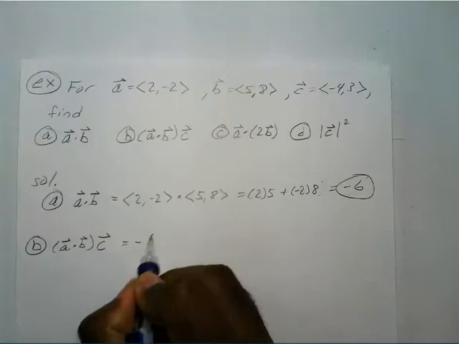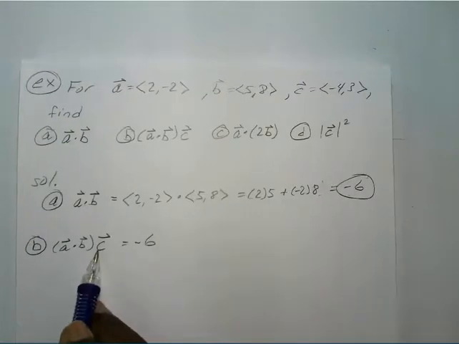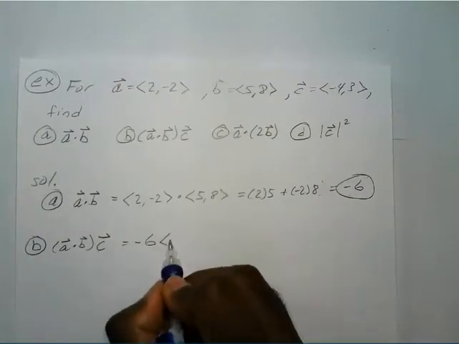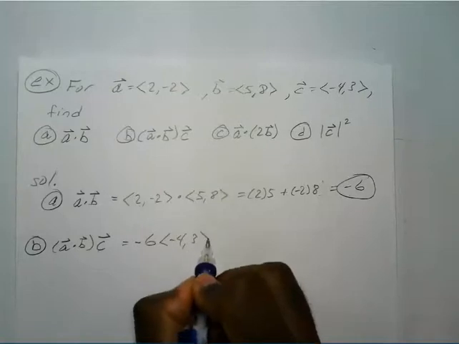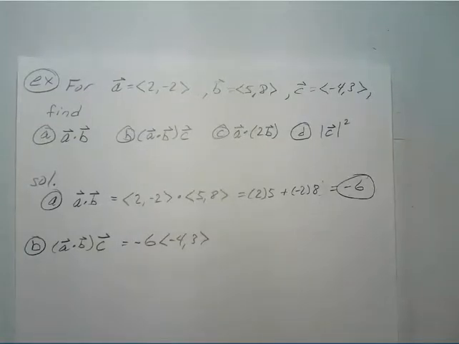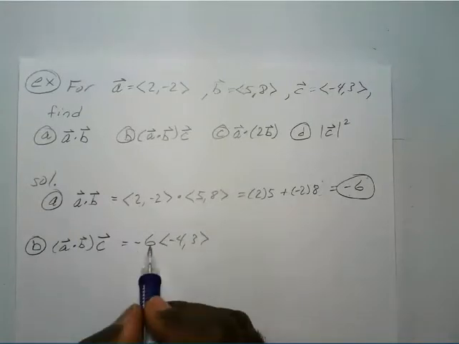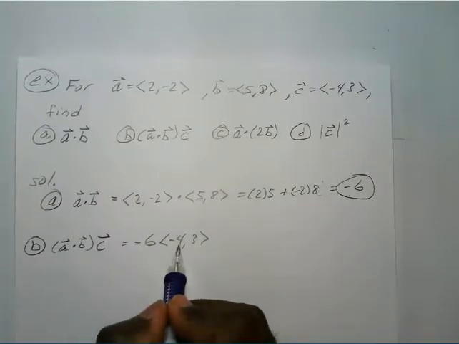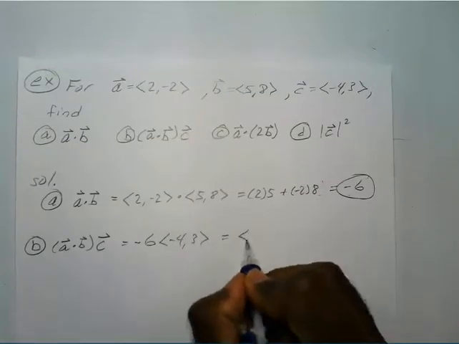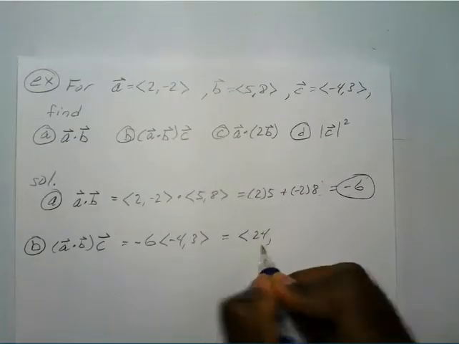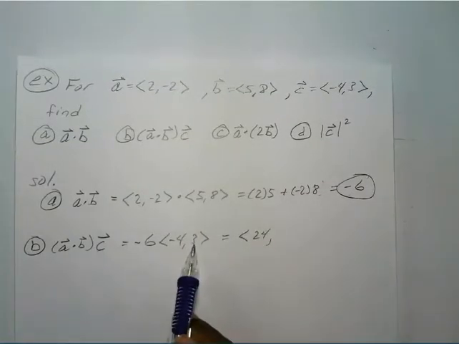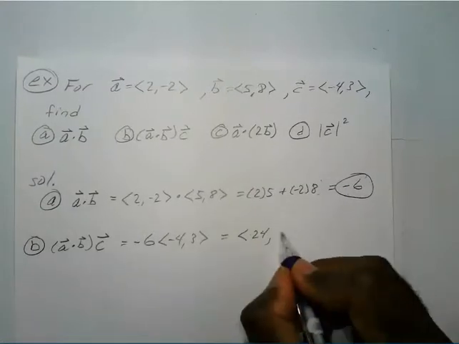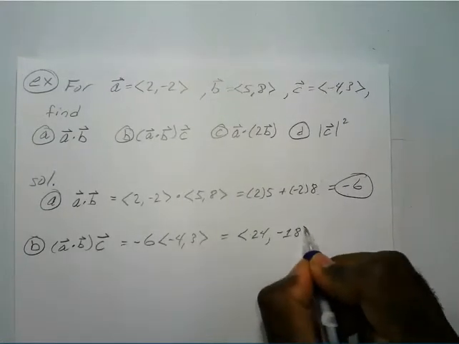So this is just -6 times the C vector, which is -4, 3. So we have -6 times -4, that's +24, and -6 times 3 is -18.